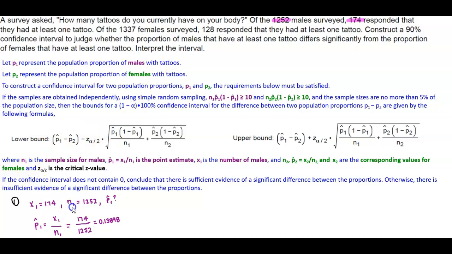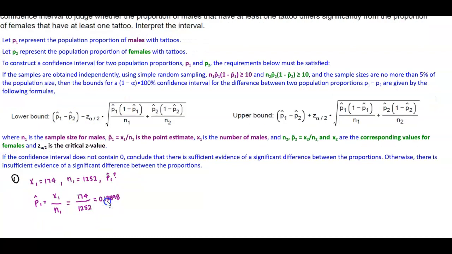So we see there's x1, there's n1, and we want to find the point estimate. The point estimate for p1 is taking x1 divided by n1, which is 174 divided by 1252. Now when you divide this, if you're not going to leave them as fractions, then we're going to leave them as decimals. My recommendation is round it to 5 decimal places so you're safe there.